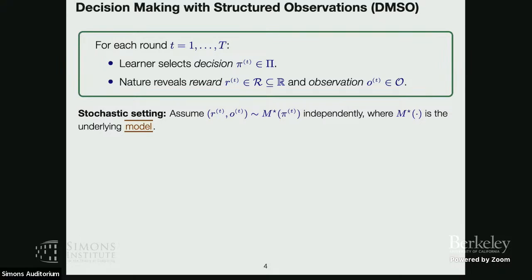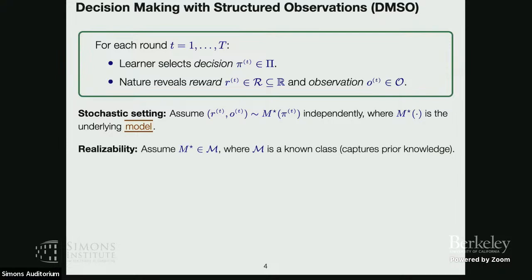It represents the environment and is unknown. But we assume that it belongs to some known class, script M, which we call our model class in this talk. You can think of it as encoding our prior knowledge about the problem we're trying to solve, in a similar fashion to how a hypothesis class encodes our prior knowledge about the prediction task if we were doing supervised learning.